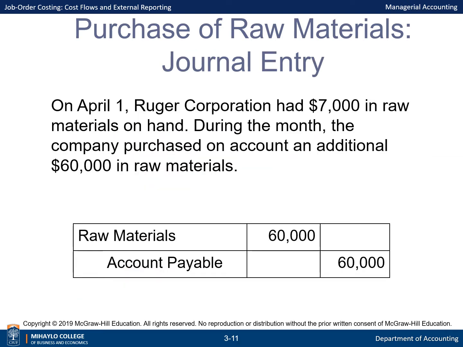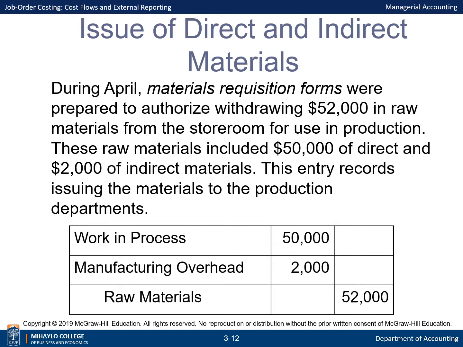The journal entry to record the purchase of raw materials on account debits raw materials and credits accounts payable. When materials are requisitioned from raw materials inventory, debit work in process for the cost of direct materials and manufacturing overhead for the cost of indirect materials. Raw materials is credited for the total of the direct and indirect materials.